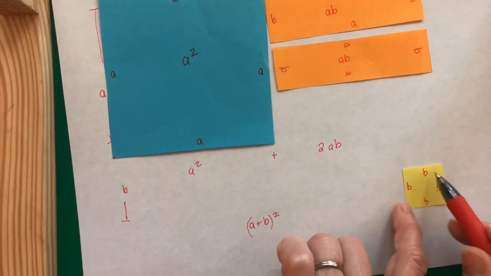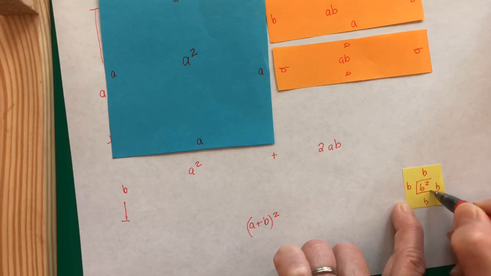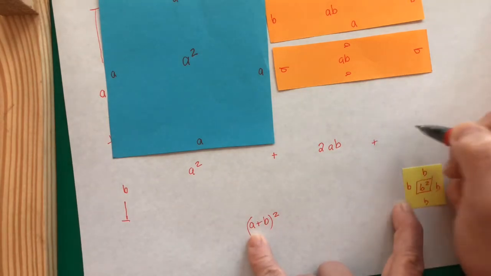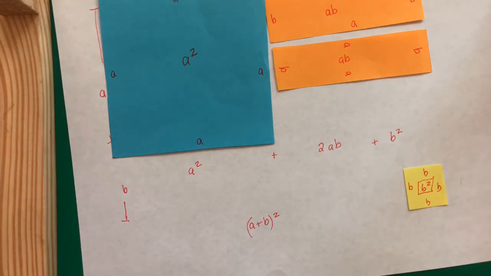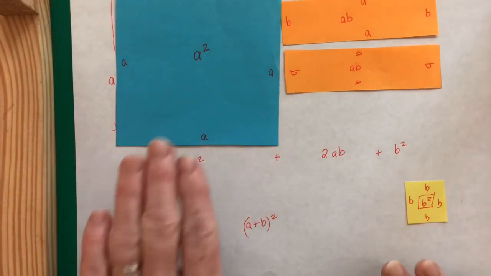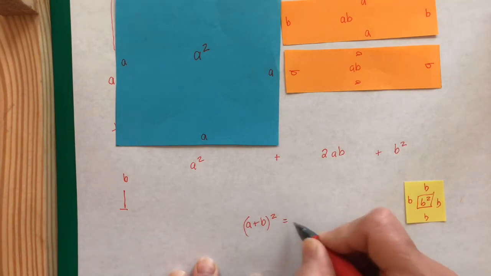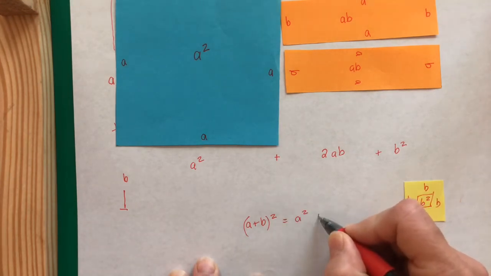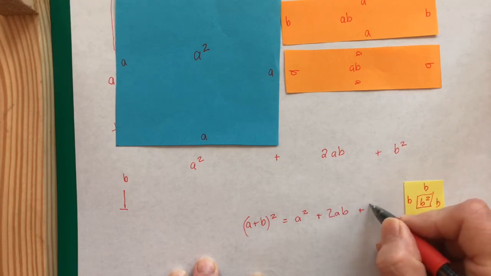This little square, its area is b squared. So we would add b squared. So this is how we get (a plus b) squared equals a squared plus 2ab plus b squared.